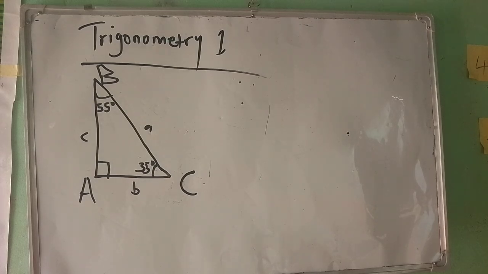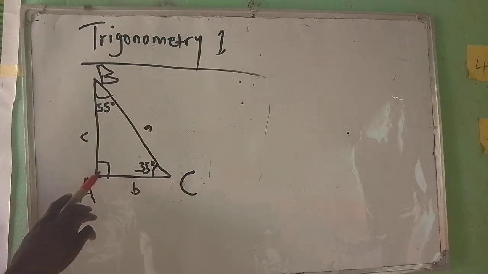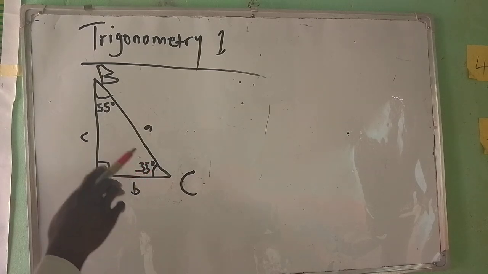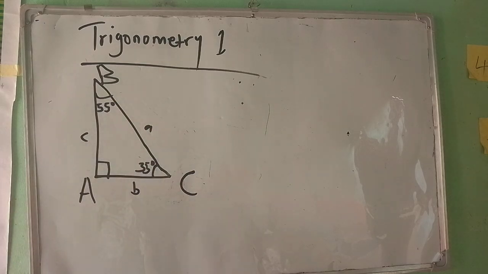The sum of angles in a triangle is equal to 180 degree. That we know. That means if we add 90 degree to 35 degree to 55 degree, all should give us 180 degree.